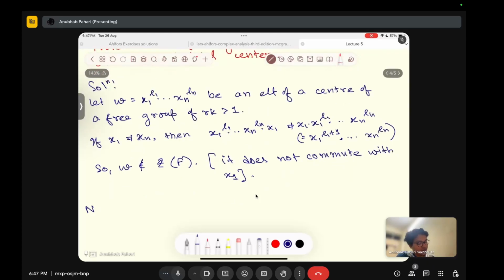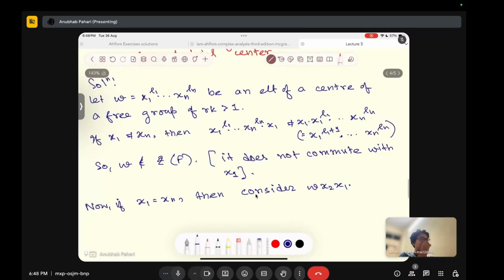Now if x1 equals to xn, then consider w x2 x1.